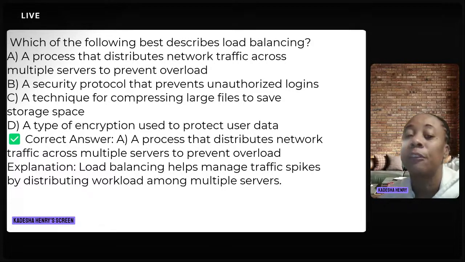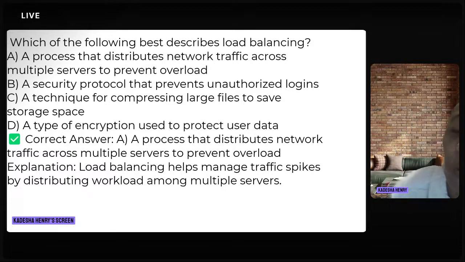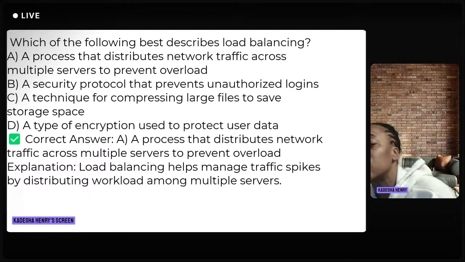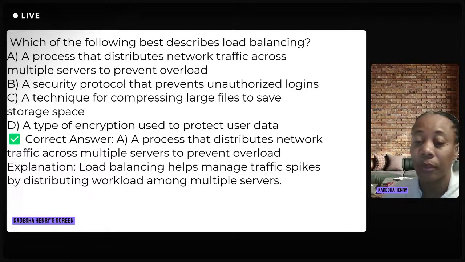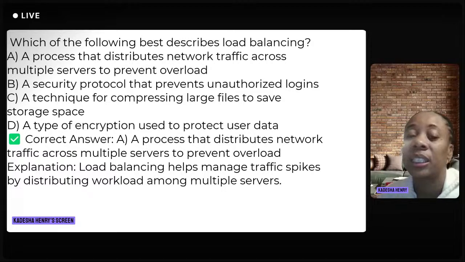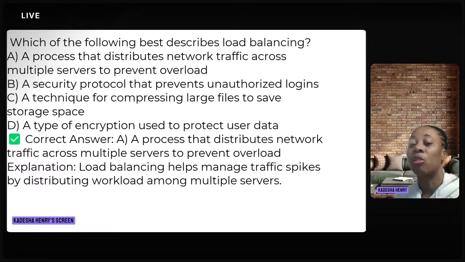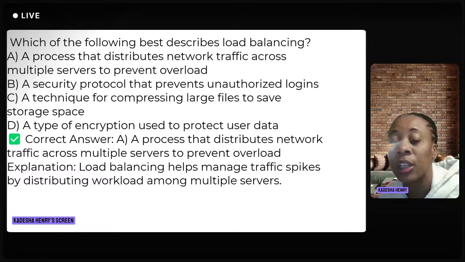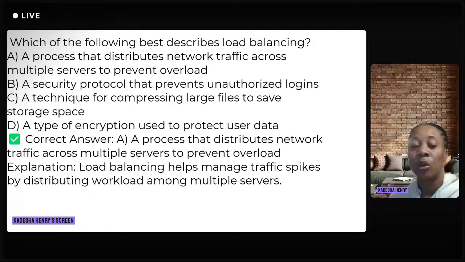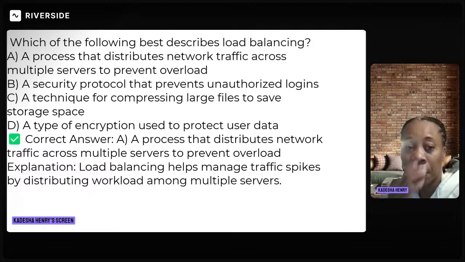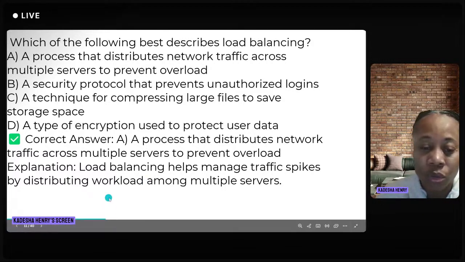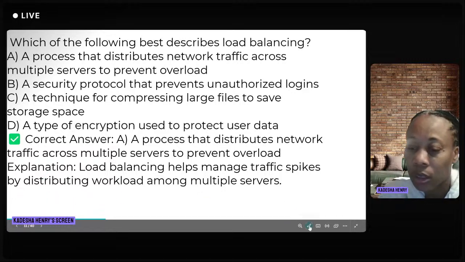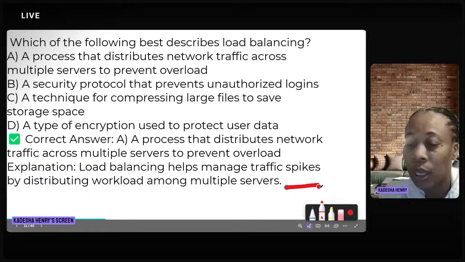So we will put A. When we talk about load balancing, we're talking about something on the network that distributes the network traffic across multiple servers to prevent overload. If I was able to draw something, I would show you what that looks like.